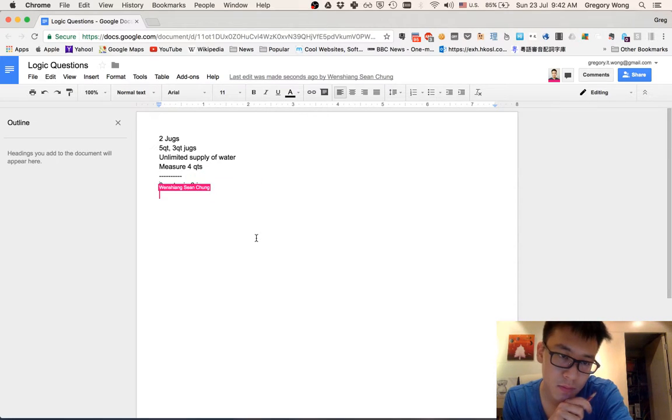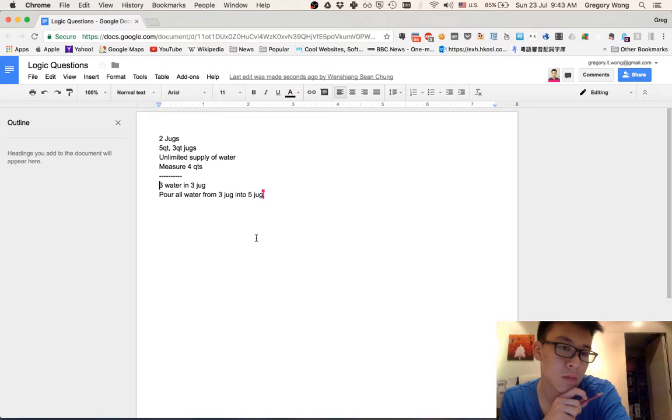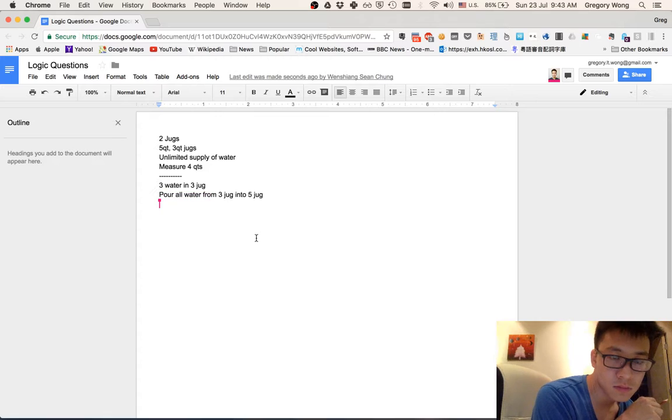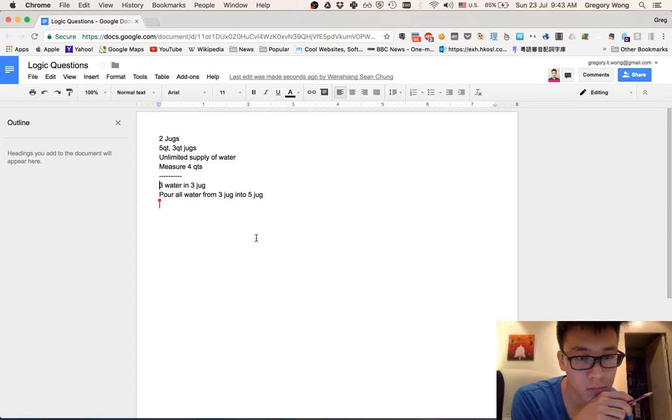What we do with the 3 is pour all the 3 quarts of water into the 5 jug, which is empty. So what's left is 0 in the 3 quart and 3 in the 5 jug.